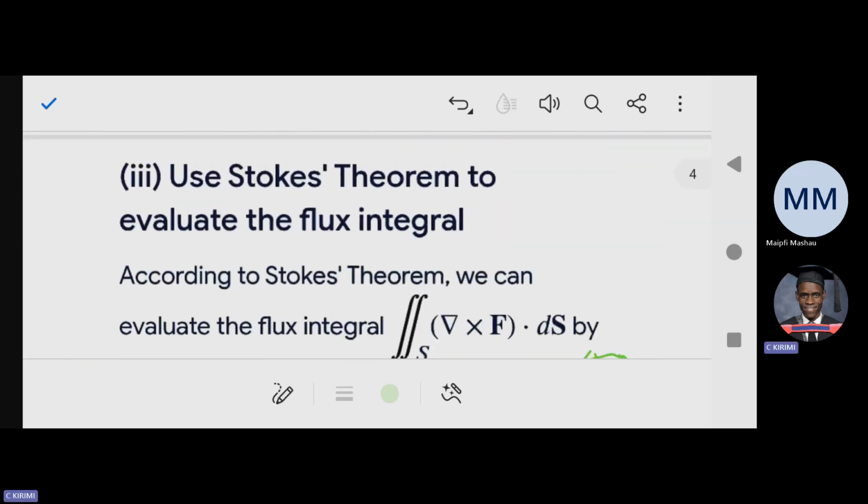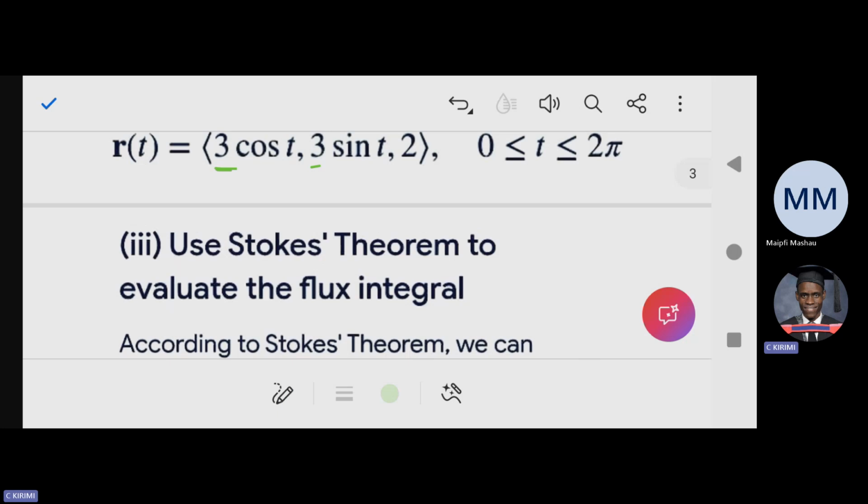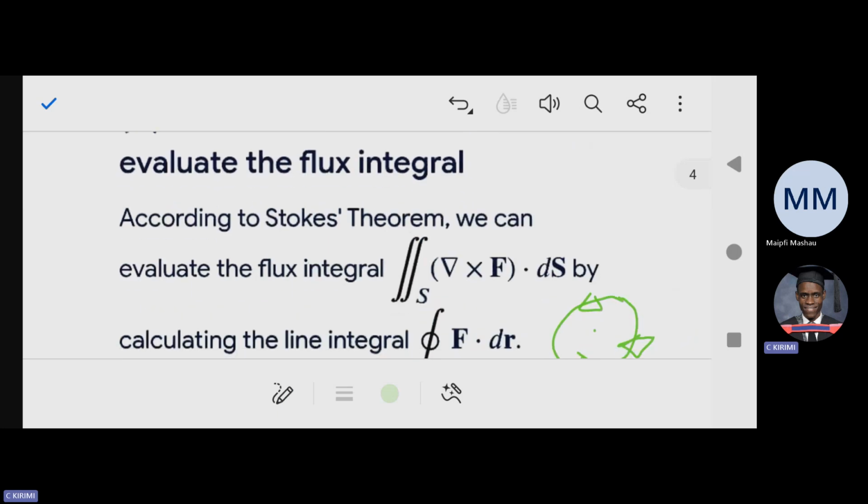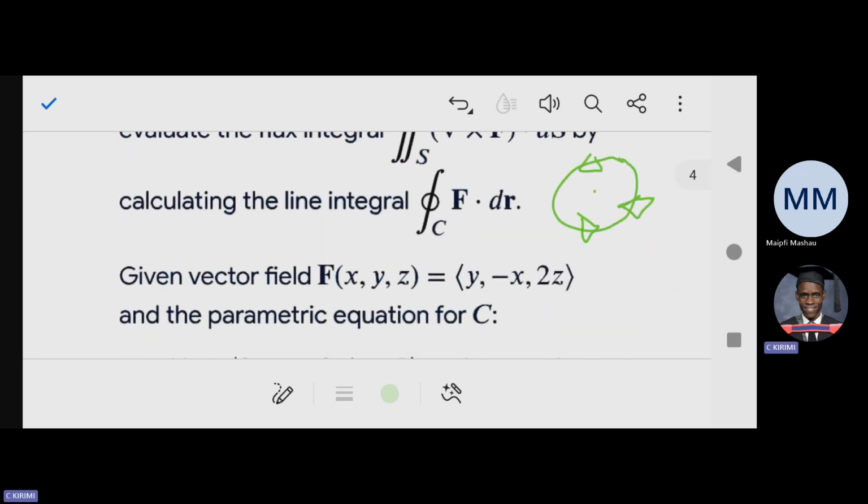So R, we found our parametric equation, R cos t, R sin t, and z. Now we are using the Stokes theorem. From the Stokes theorem, we are having the vector field F, which is y units in the x direction, minus x in the y direction, and 2z in the z direction.